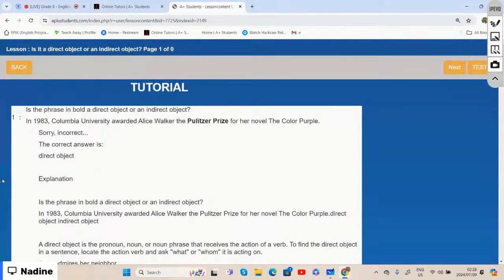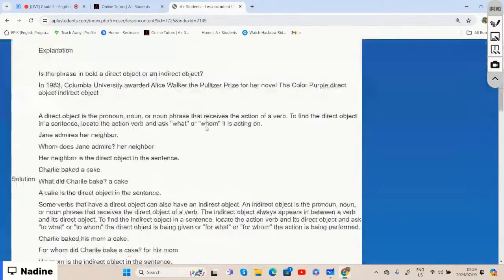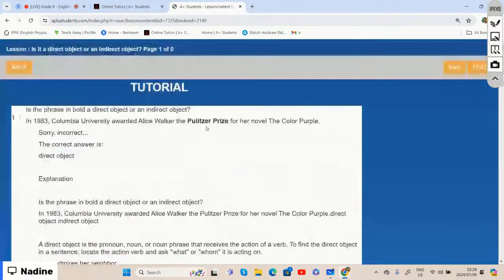It says in 1983, Columbia University awarded Alice Walker the Pulitzer Prize for her novel The Color Purple. We need to say if the Pulitzer Prize is a direct object or an indirect object.